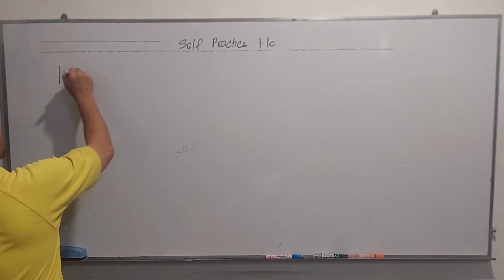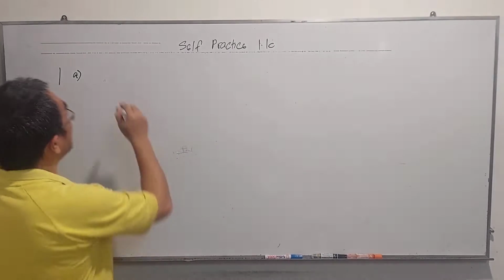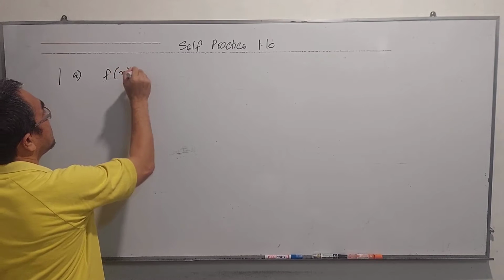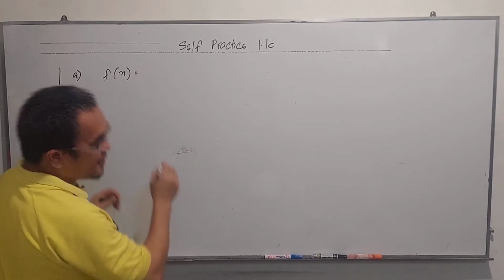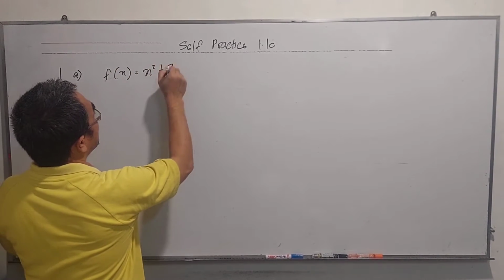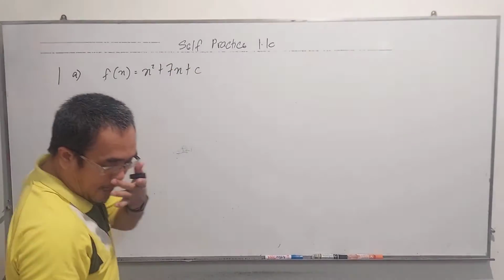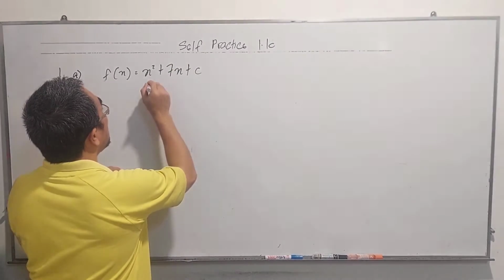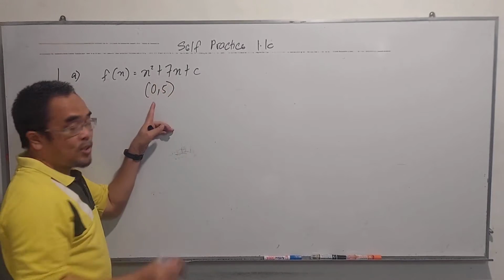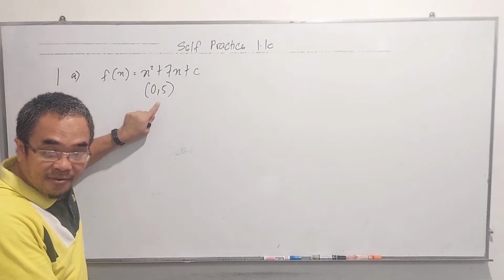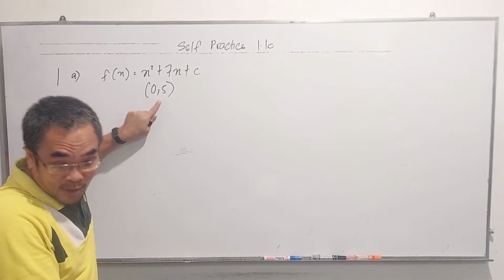So question number 1a, the function is x squared + 7x + c, and it passes through (0, 5). So, do you notice that 5 is actually on the y-axis?